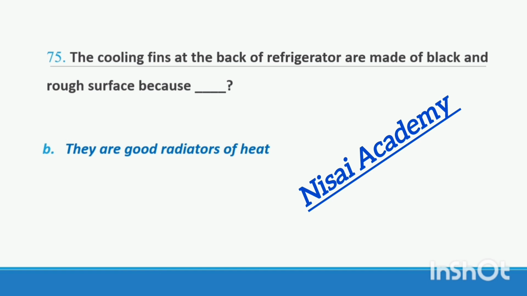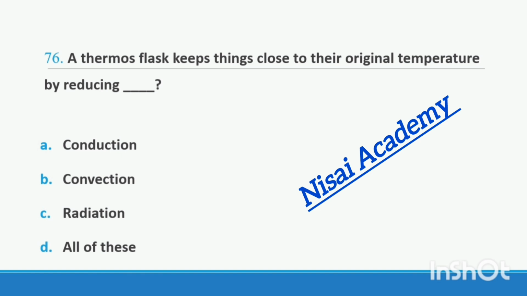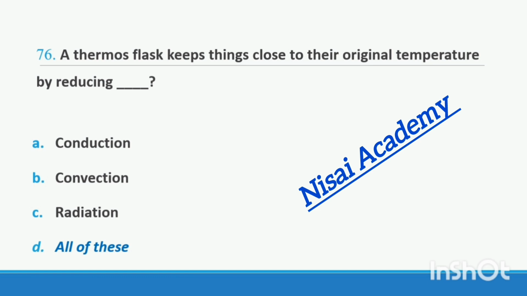Right option B. Question 76. A thermos flask keeps things close to their original temperature by reducing option A conduction, option B convection, option C radiation, option D all of these. A thermos flask keeps things close to their original temperature by reducing conduction, convection and radiation. The right option is D, all of these.